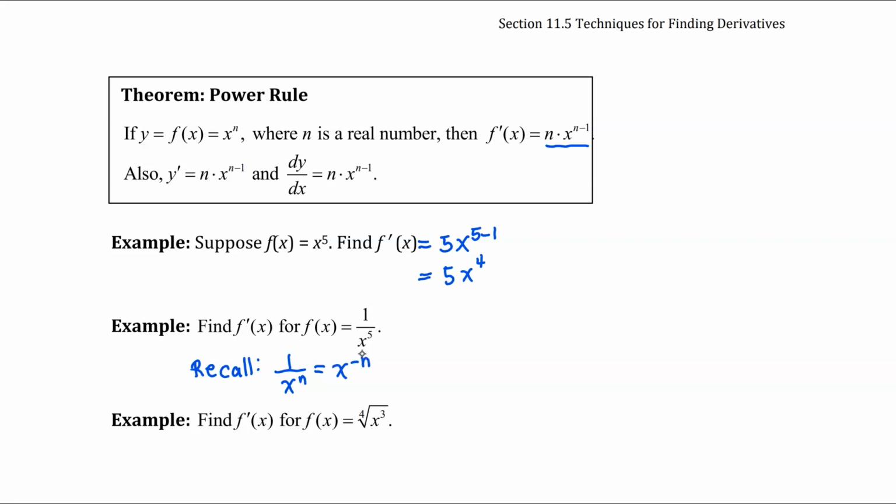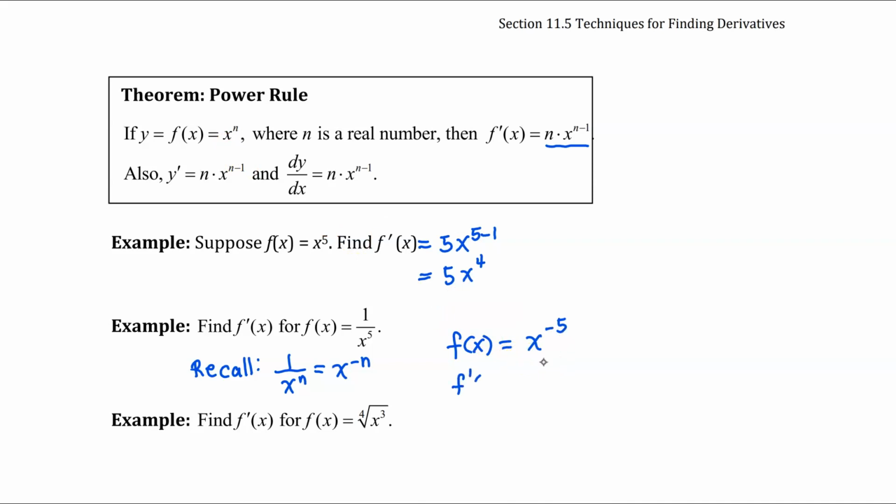So that means we have to rewrite first our f of x as x, and then if we're going to put this on top, we will negate the power here. So 1 over x to the 5th can be rewritten as x to the negative 5. Then this expression now is of this form. Therefore, we can use the power rule to differentiate the function.